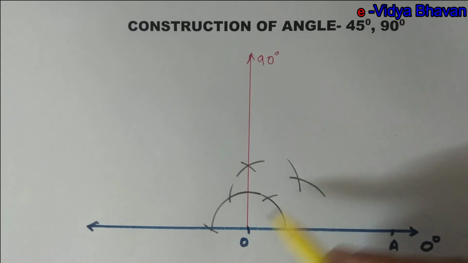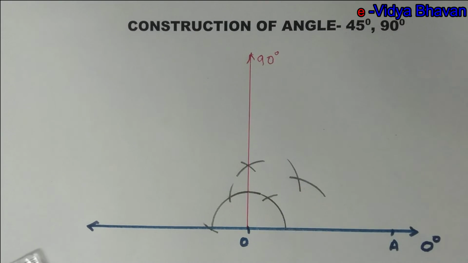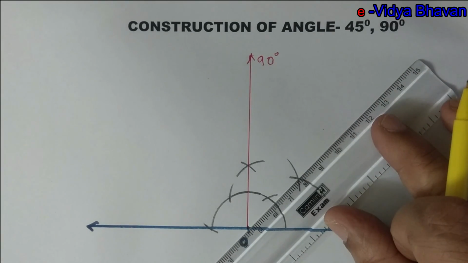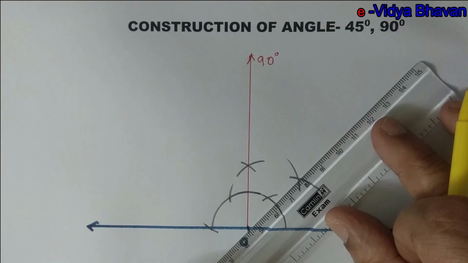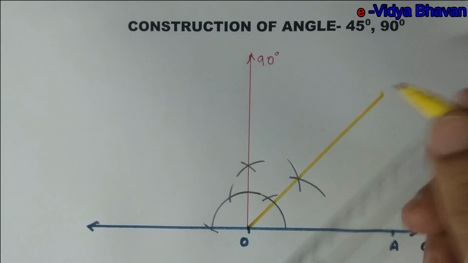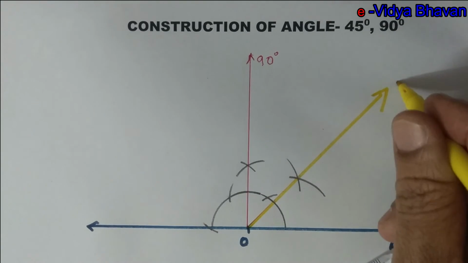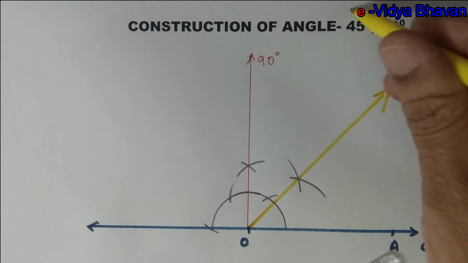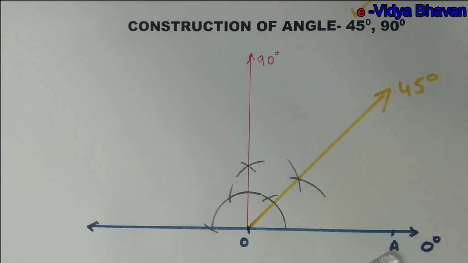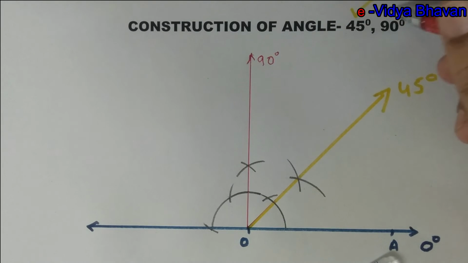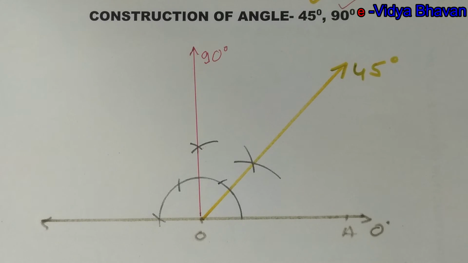Point O and the intersection of these two arcs, if we draw a line, we will get 45 degree. So this is your 45 degree and this red line which we have drawn is our 90 degree.